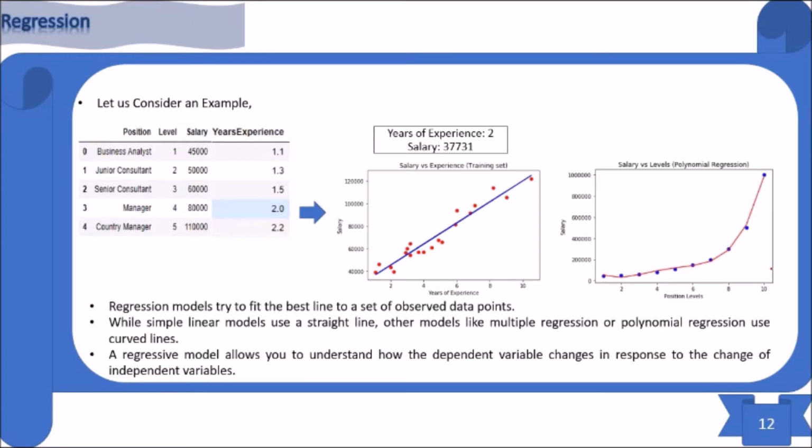In the case of simple linear regression, we get a straight line, and in the case of multiple linear regression and polynomial regression, we get a curved line. A regression model allows you to understand how the dependent variable changes in response to the change of your independent variable.